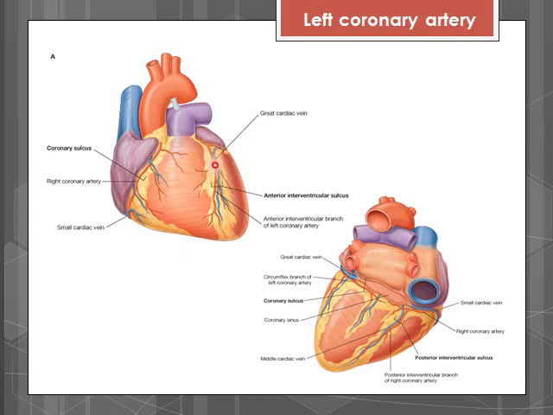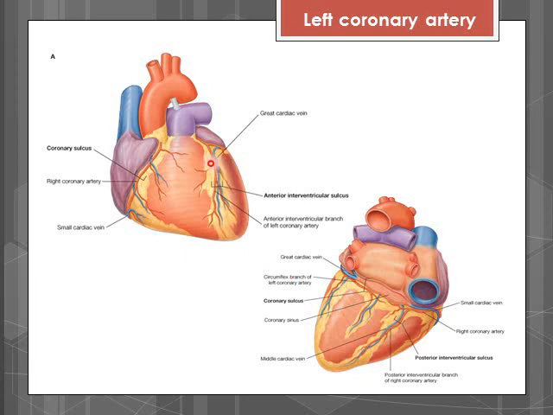The anterior interventricular branch is also called the anterior descending artery, passes in the anterior interventricular groove, then winds around the apex of the heart. In most cases, it anastomoses with the posterior interventricular artery.